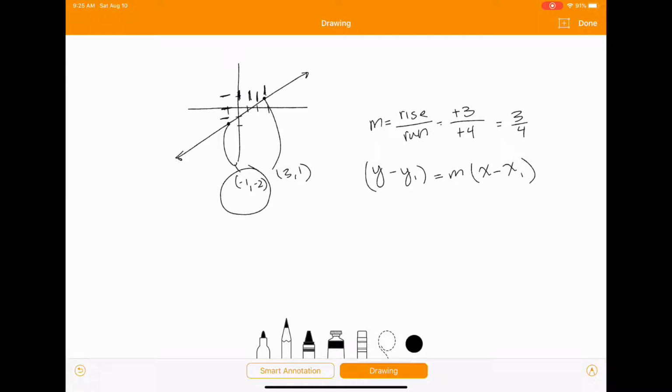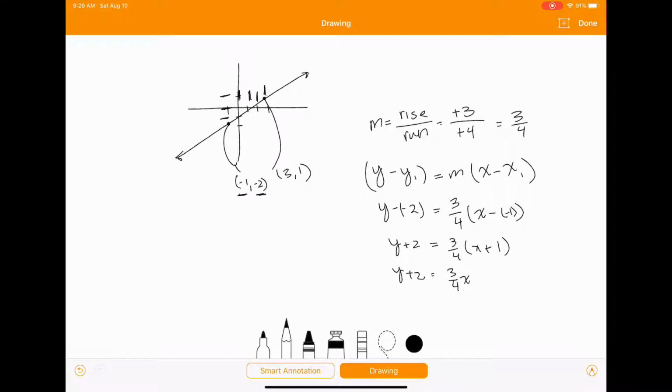So I'm going to go ahead and use this first point for now. So we're going to go y minus, our y value is a -2, equals m, which was 3/4, times x minus x1, which is a -1. So we're going to get y plus 2 equals 3/4 times x plus 1. And then you can just simplify this by isolating y.